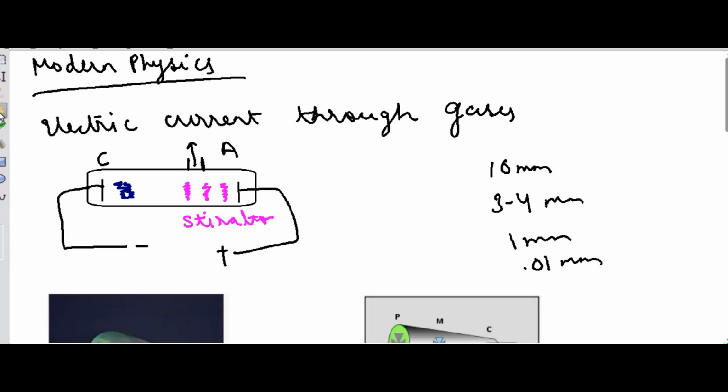So when I apply a very large potential difference between the anode and cathode, those ionized molecules start getting accelerated.